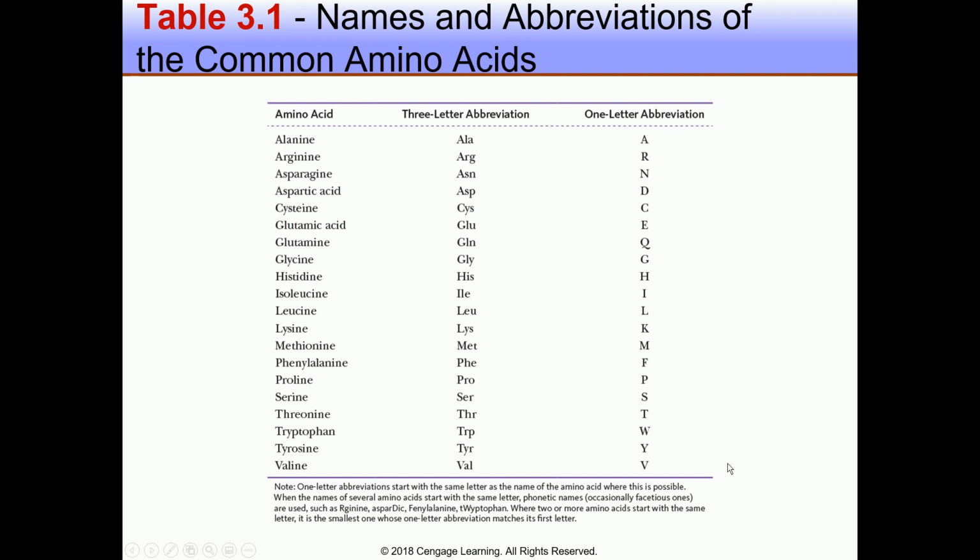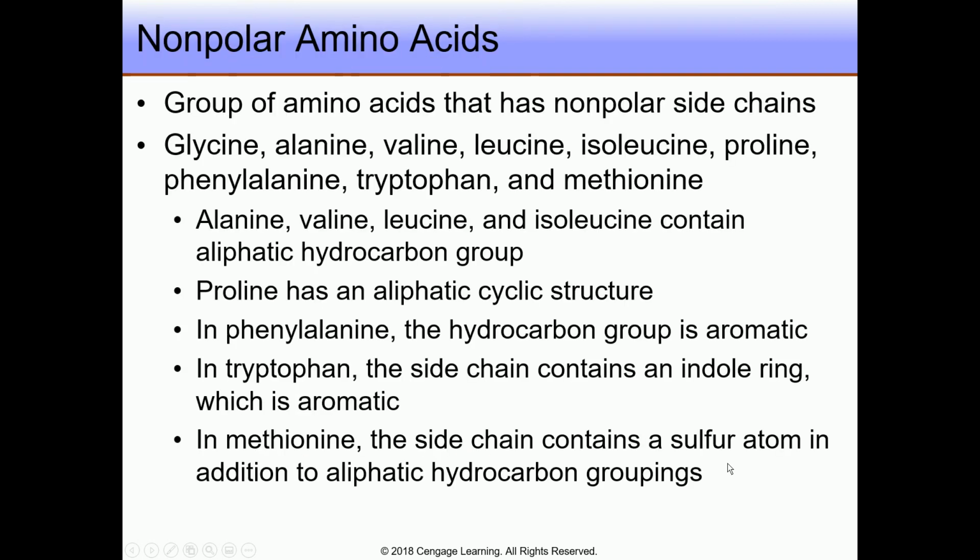As I said, all amino acids have the same basic structure. What is different is the R group. The R group is different in all amino acids, so you need to know which R group is there in each amino acid. Because of the presence of the specific R group, the amino acids fall in different categories.